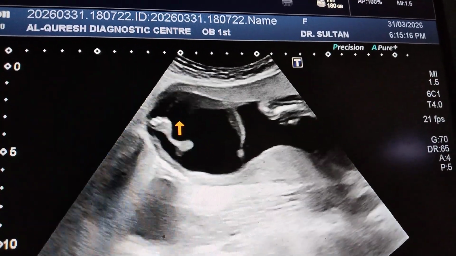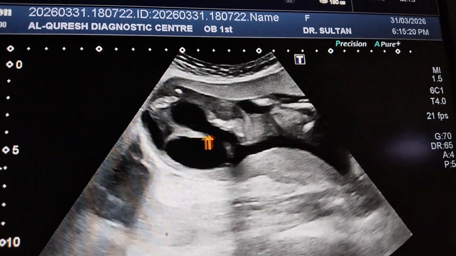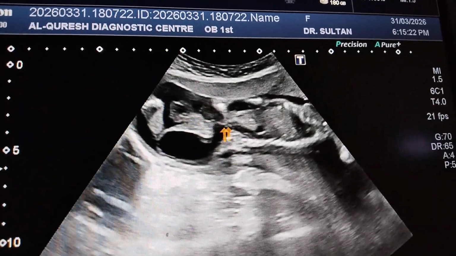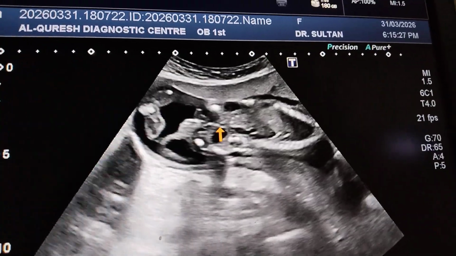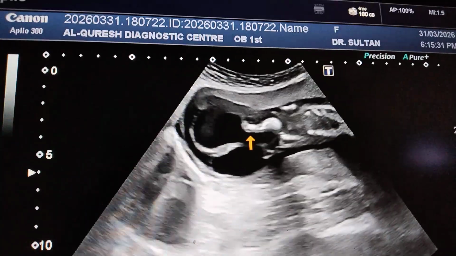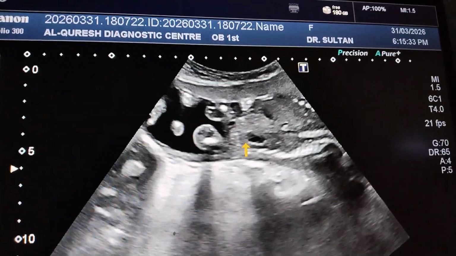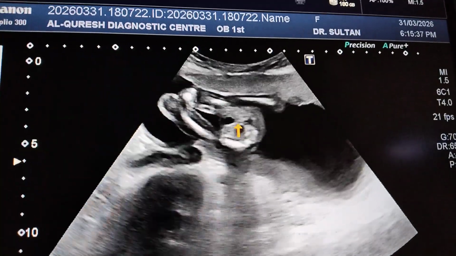And if minimal size is outside and maximum is pelvic and extended to the abdomen, then it is type 3. And if it is purely intrapelvic, then it is type 4.